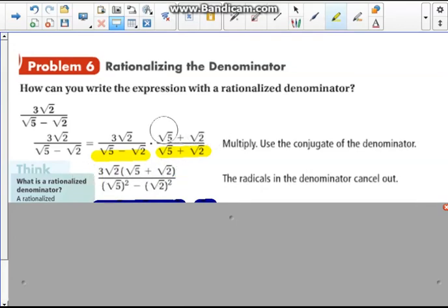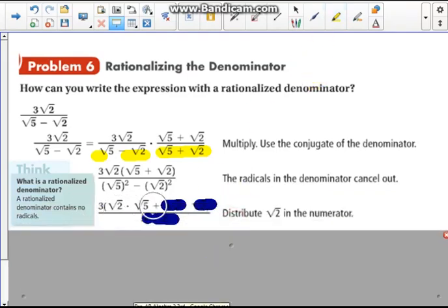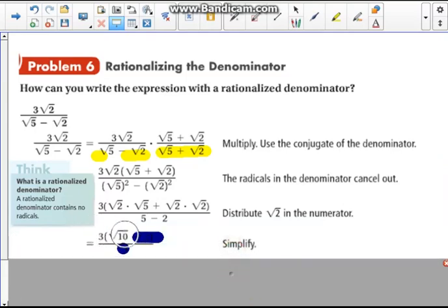And then they're just distributing here, my 3 radical 2 times the top of my conjugate there. And then we get that distributed, and then radical 5 squared is 5 minus radical 2 squared is 2, so it gives us 5 minus 2, which is 3.